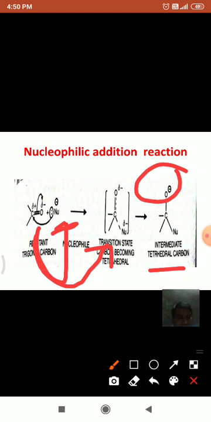It combines with the positive part of the reagent, generally H plus. That H adds to the oxygen and the final product is formed. That means the positive part of the reagent, generally a proton, adds to that O minus, and we get the final product.